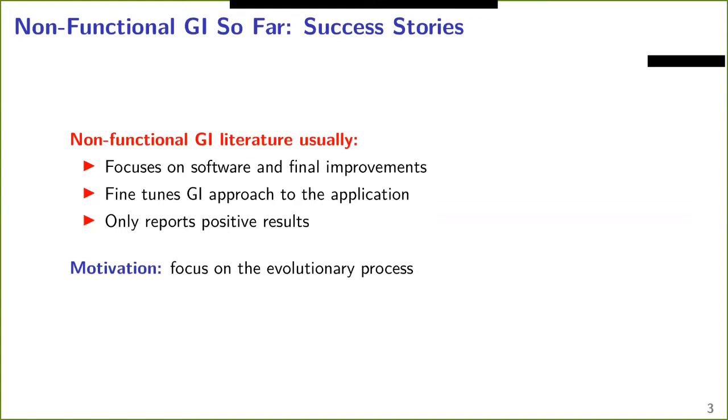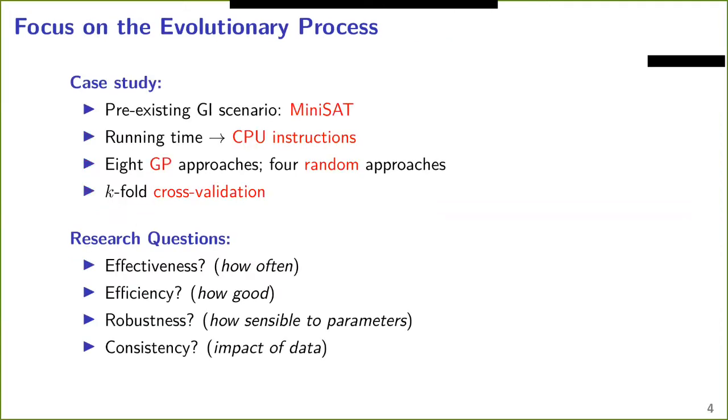Our motivation in this work is to switch the focus from the software itself to the evolutionary process. To do that, we use previous GI scenarios from a previous paper, in which we will optimize a SAT solver, which is well known and called Minisat.